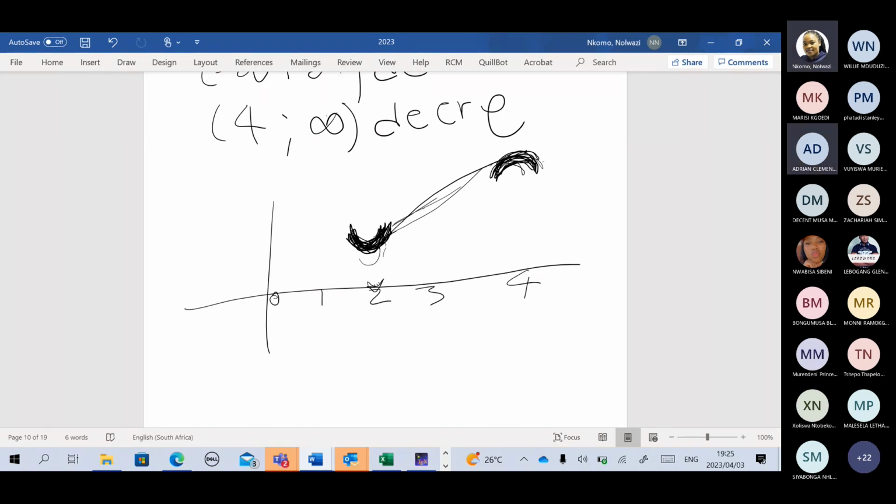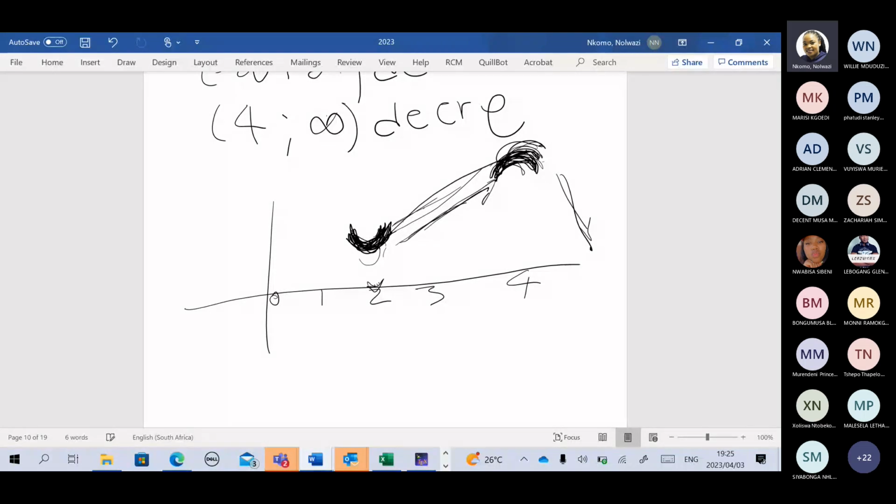Okay, I understand. To get the maximum point, we are moving from positive to negative. So to get here, we were moving from positive to negative, meaning the graph was increasing in this part, right?